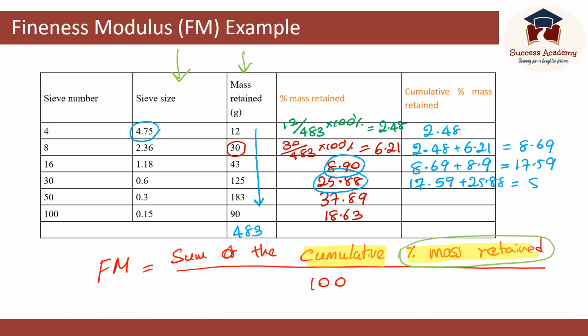That is equal to 43.47. Then we have 43.47 plus 37.89 is 81.36. 81.36 plus 18.63 is 99.99.